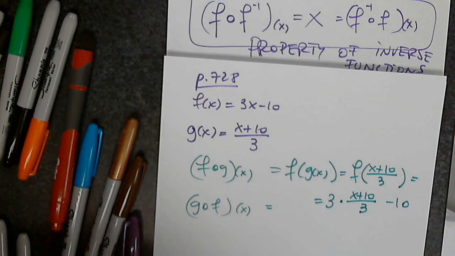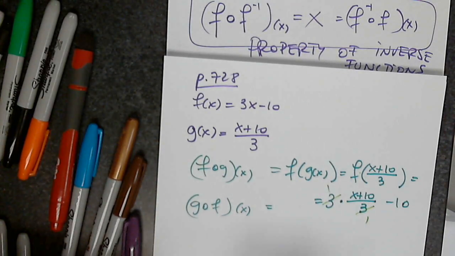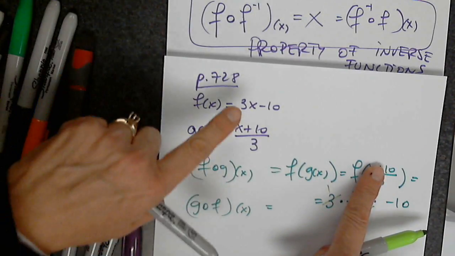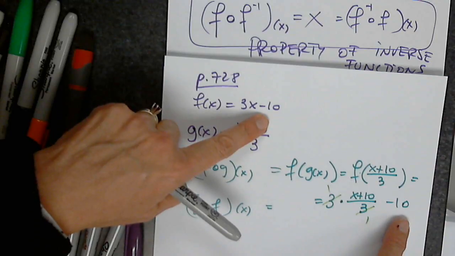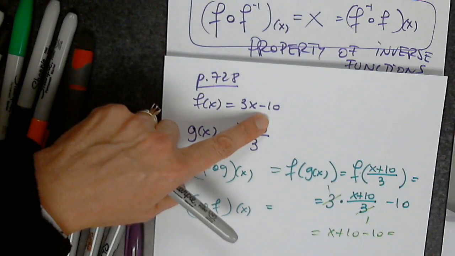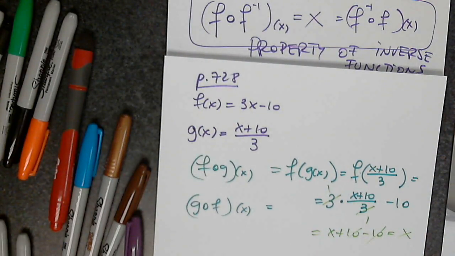I simplify 3 and 3, because there is a 3 times whatever, and this is my whatever now. 3 times whatever minus 10. 3 and 3 go away. I have x plus 10 minus 10, so the answer is x. If this direction is x, the other one must be x.